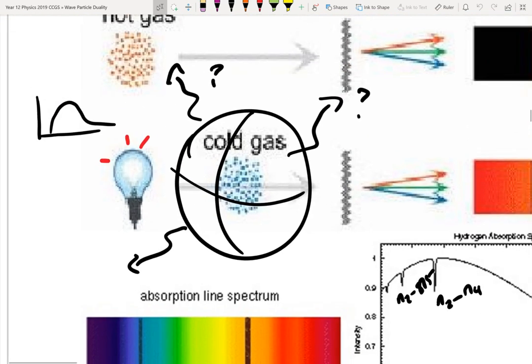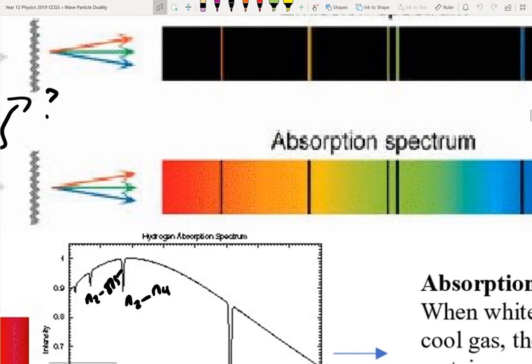Now, cold gas. They always say cold gas. That just needs to be colder relative to the source. Have a think. If my incandescent globe was, say, 2000 Kelvin, and my gas was 2000 Kelvin, then the photons might be captured by the atoms, and theoretically you would fill in these gaps.